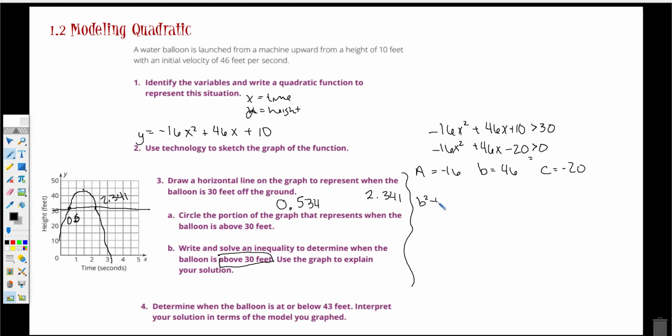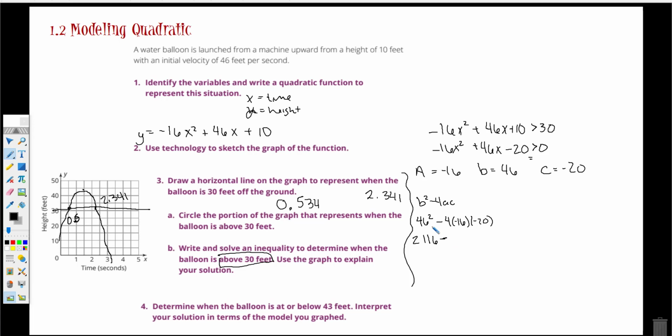B squared minus 4AC is 46 squared, which is 2,116, minus 4 times a negative 16 times a negative 20, which is going to end up being subtracted.